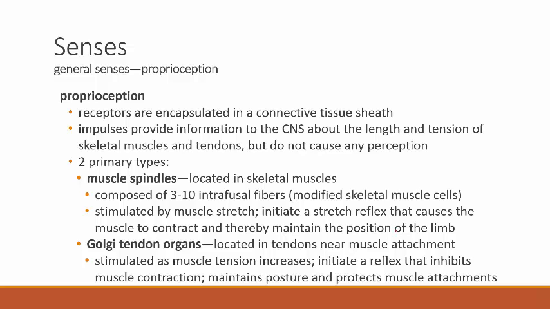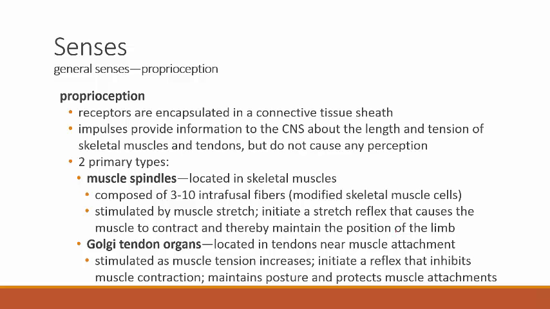And as muscles stretch, these muscle spindles notice that stretch and will initiate a stretch reflex that causes the muscle to contract, and that helps to maintain the position of the limb in whatever position that we're trying to maintain.